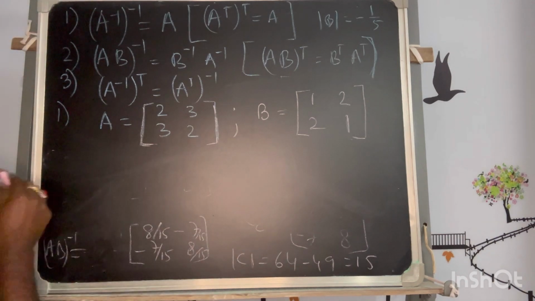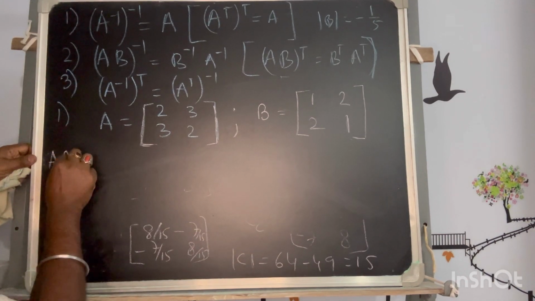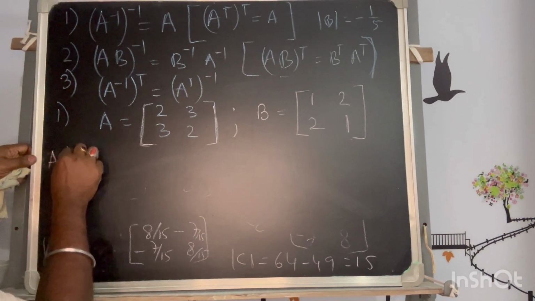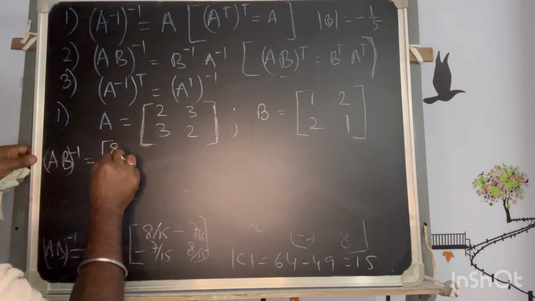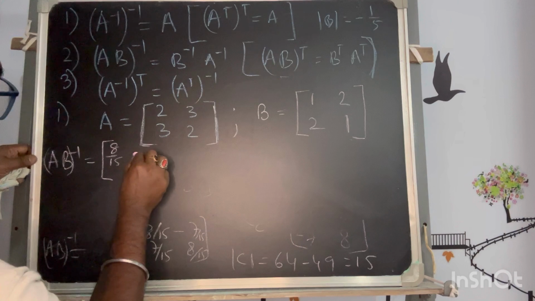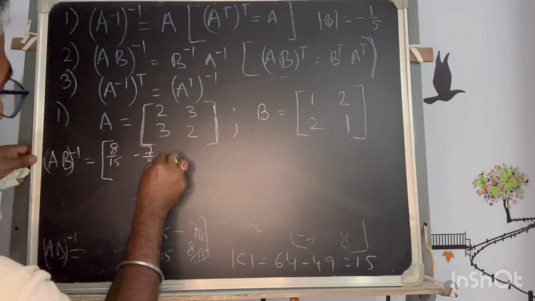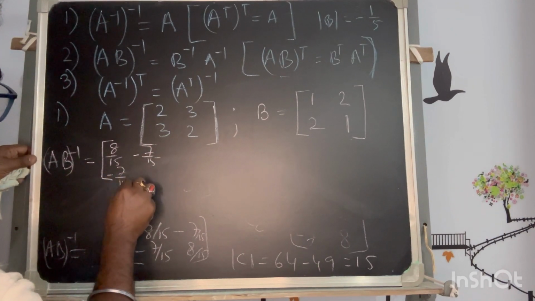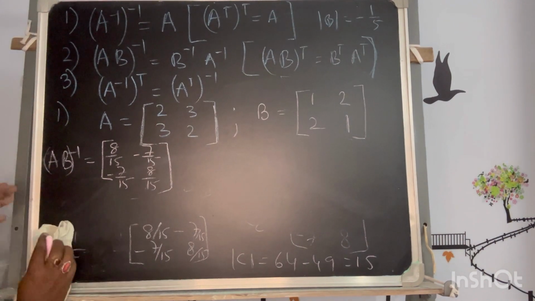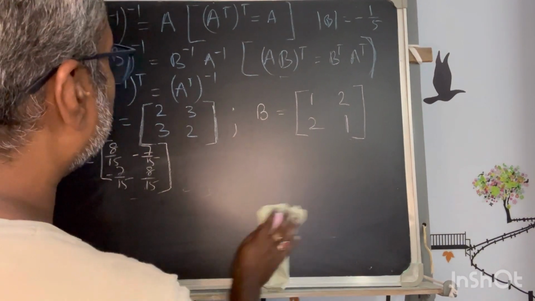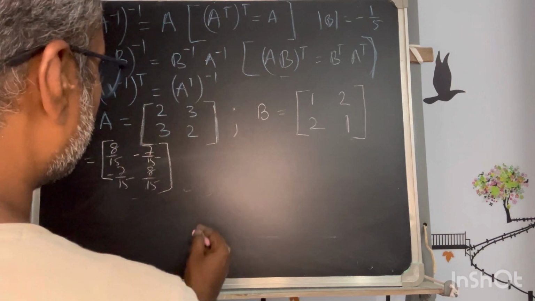So what I find, AB inverse whole inverse is equal to 8 by 15, minus 7 by 15, minus 7 by 15 and 8 by 15. This is my answer. Okay, so now the right hand side was individually this one.